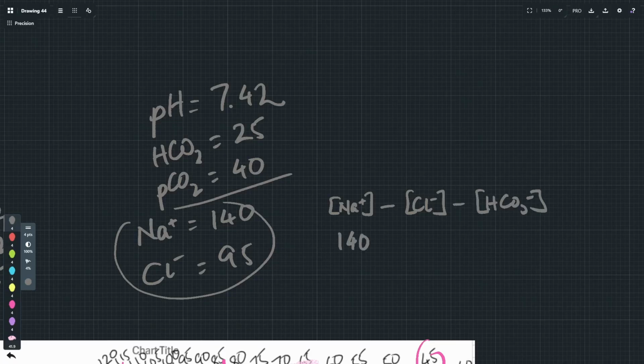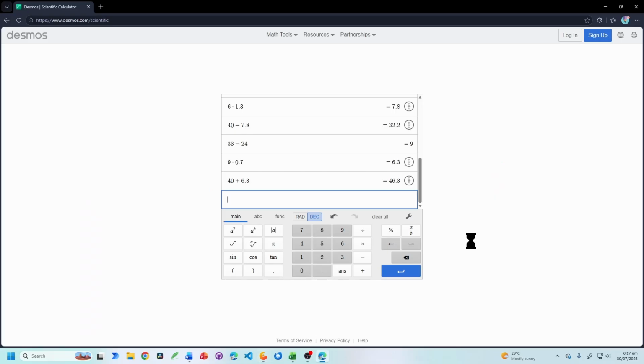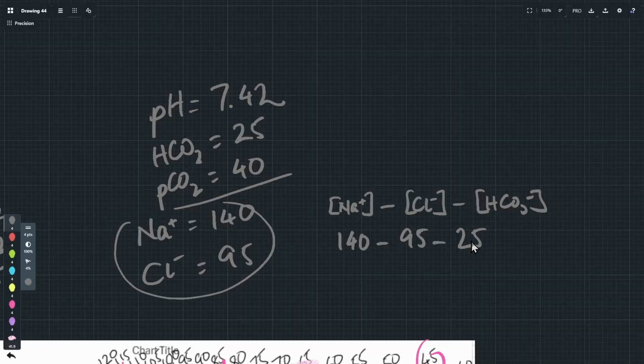Sodium is 140 minus chloride is 95 minus bicarbonate is 25. What would be the result? That would be 20. So anion gap is 20.